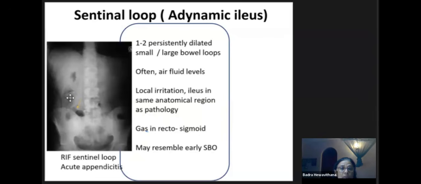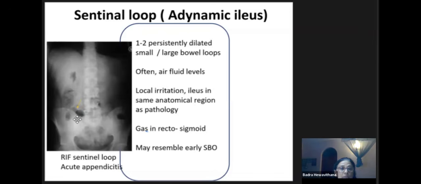In this one, you can see an RIF sentinel loop. If you examine the patient, put your hand, and there's tenderness in the RIF, and you see this, then remember, we don't do X-rays for appendicitis.